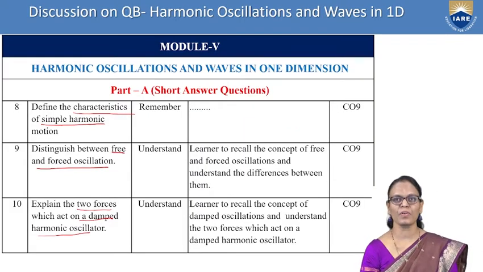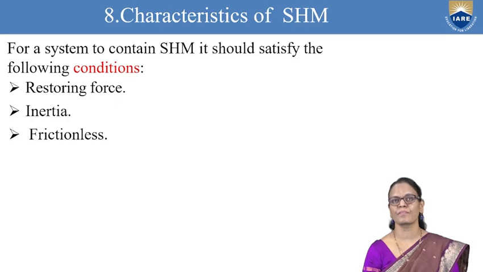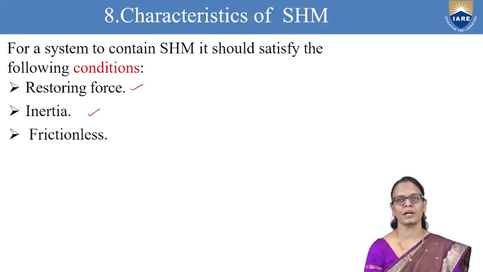First, we are going to define the characteristics of simple harmonic motion. So what are the characteristics? First thing is it should have a restoring force. There should be a restoring force that acts on the system to bring it back to the equilibrium position. And the second one is inertia.